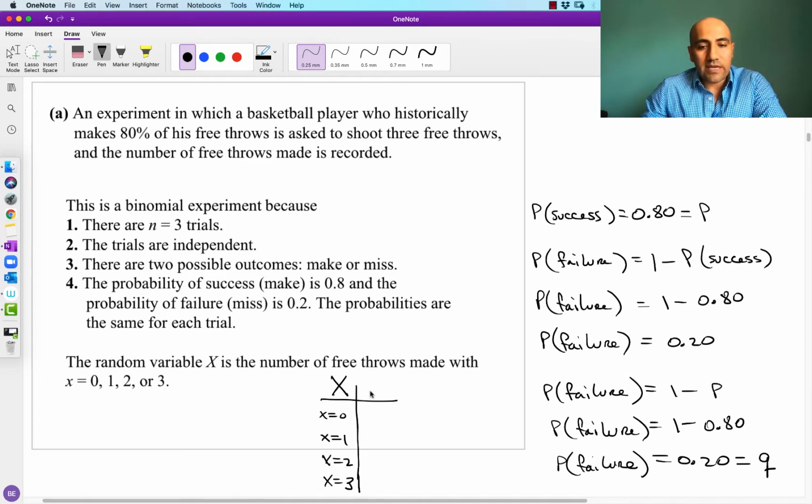To the right of this table, what we would like to do is figure out the probability of x, right? What is the probability that x equals 0, for instance? What is the probability that x equals 1, x equals 2, x equals 3? Good. Okay, and so that's exactly what we're going to study in this section.